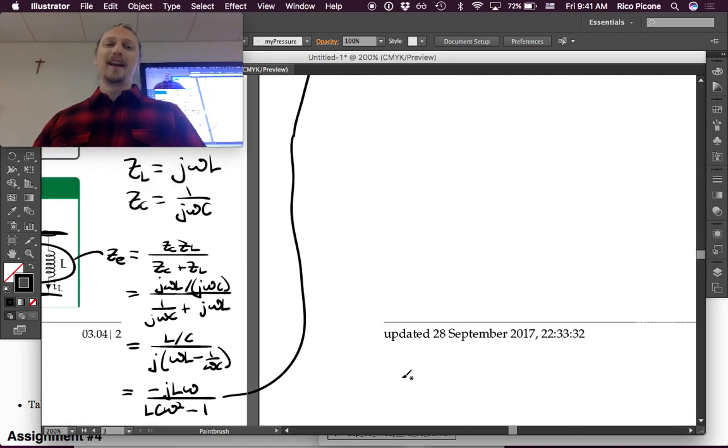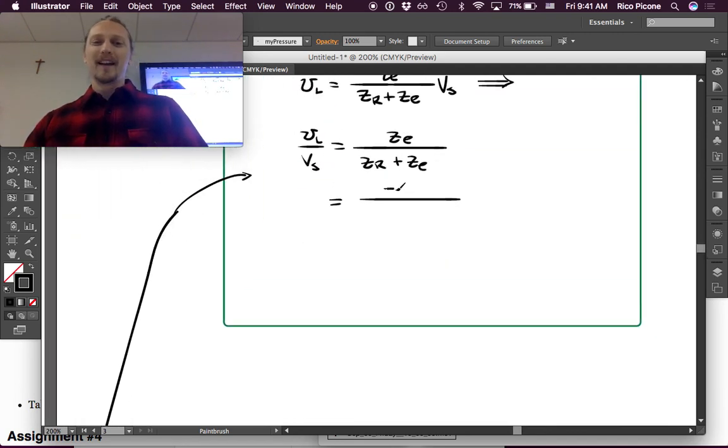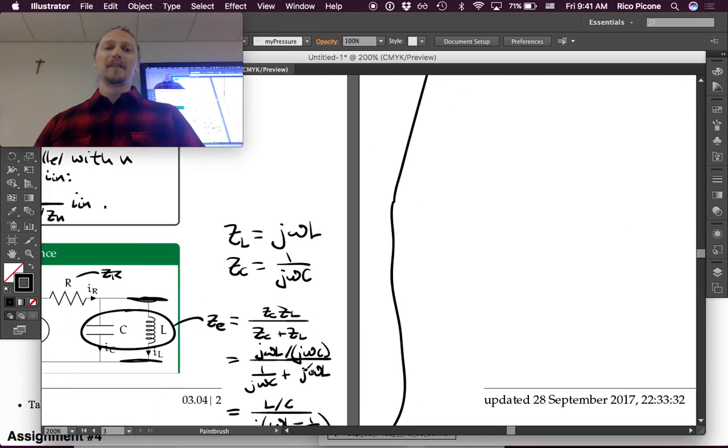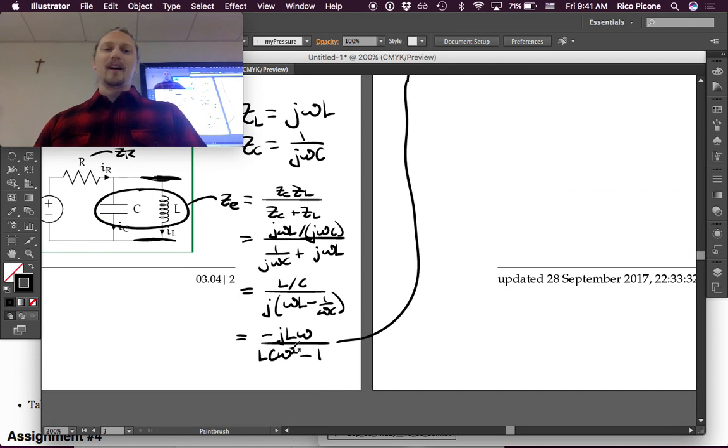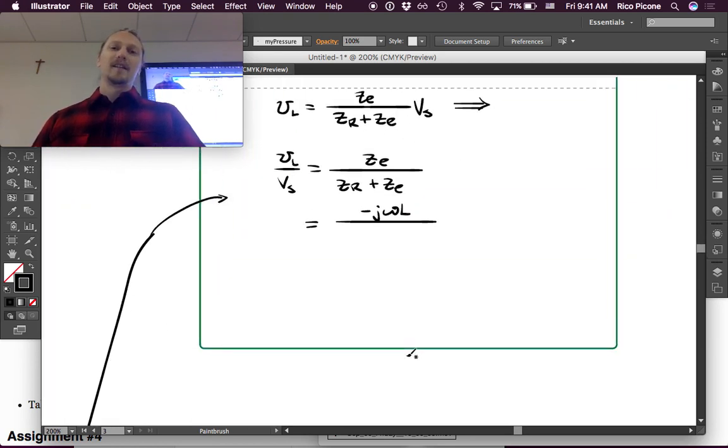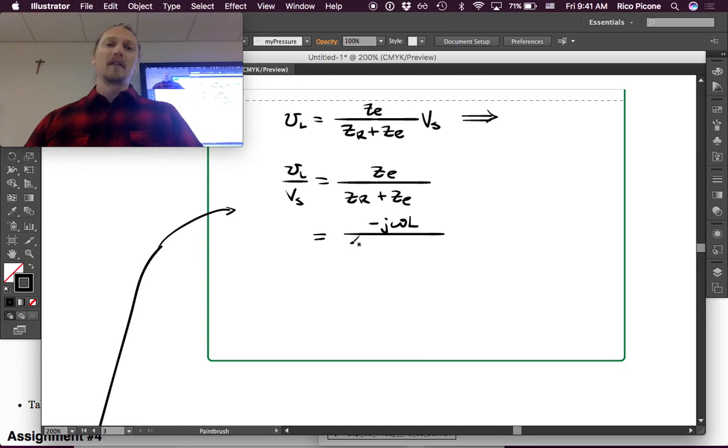So let's see if you can hang with me on this step. Negative j omega L, that's the numerator of this term, right? And then we're going to take this denominator and drop it immediately to the denominator of this fraction. So we're going to have ZR, which is just R, times whatever that denominator was, which was L C omega squared minus 1.